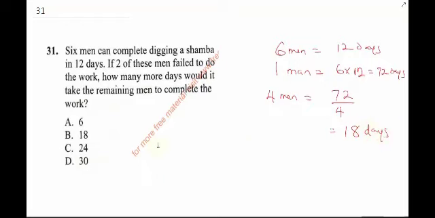Now, how many more days would it take the remaining men to complete the work? All you need to do is 18 days minus 12 days, and this is going to give you 6 days. So because 2 men dropped, it will take them an extra 6 days to complete the work.